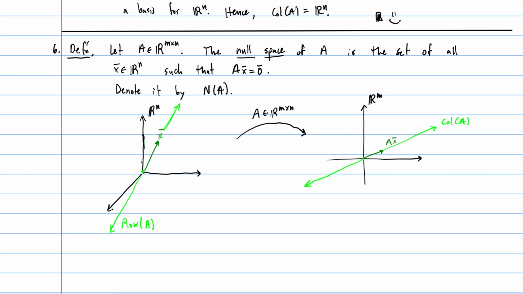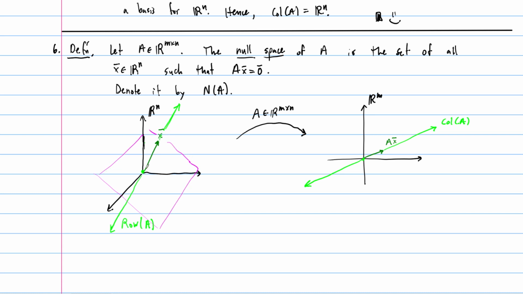So the matrix takes all the vectors that live on this line in n-dimensional space and maps them to all the vectors that live on this line in m-dimensional space. And it takes the zero vector to the zero vector, right? That's always a solution, the trivial solution. The question is, what happens to the rest of the vectors though? So if this is a line in space, there is then a plane that is geometrically orthogonal to this entire line, right?